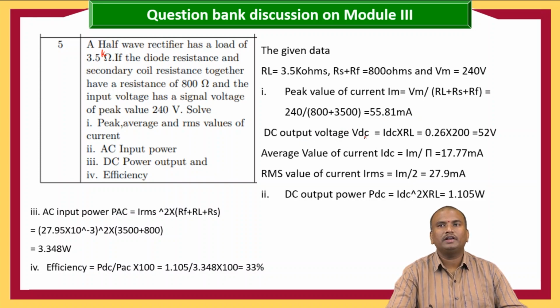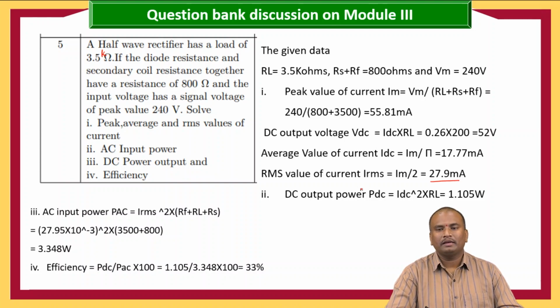The average value of DC current IDC is equal to Im by pi, which is 17.77 milliamperes. And the RMS value of current IRMS is equal to Im by 2, which is 27.9 milliamperes.